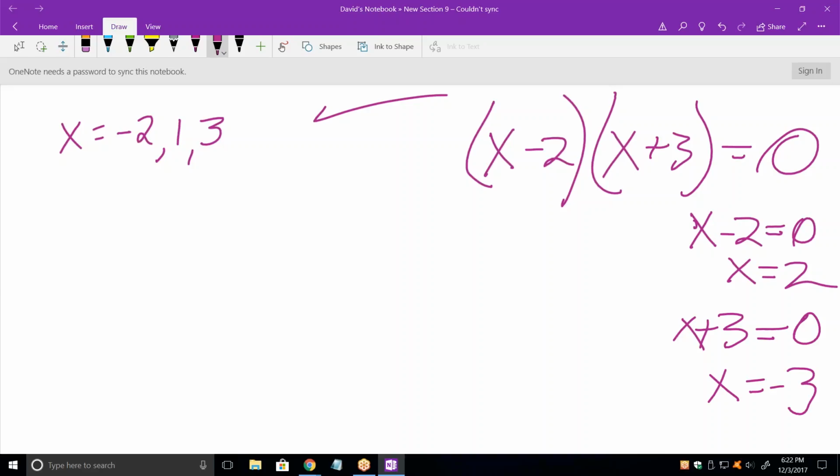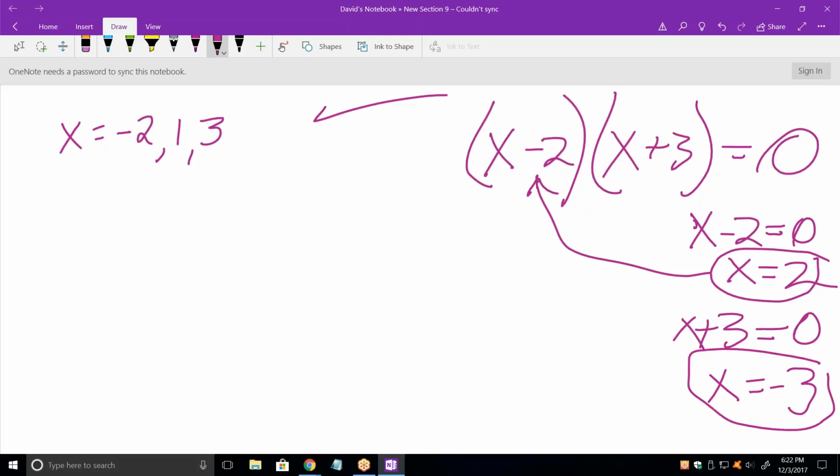So if given the 0, you can figure out that that's the linear factor. So there are 3 linear factors over here.